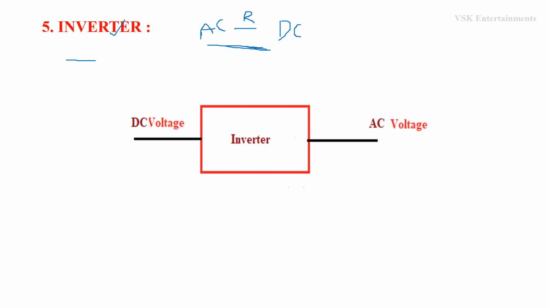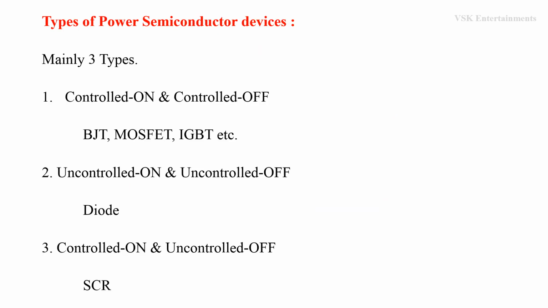That is, an inverter is a circuit which converts DC voltage to AC voltage. For this we give the DC voltage as the input of this circuit, and we get the AC voltage as the output of the inverter circuit. That is the concept of the inverter circuit. That is about the concept of converters and the different types of converter circuits.